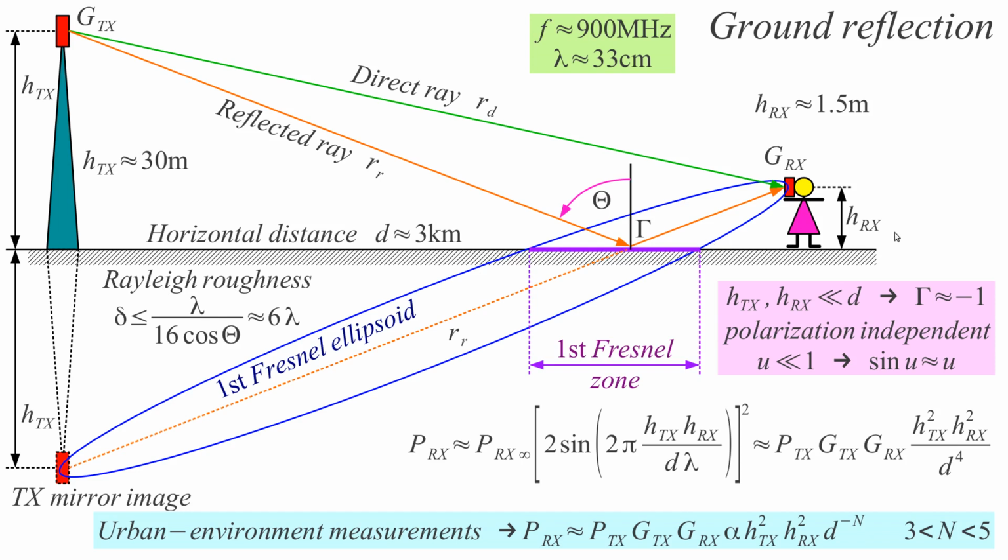In this case, if we calculate the interference between the direct ray and the reflected ray, it has a sine function in between. But for small arguments, the sine of a small argument is almost equal to the argument.